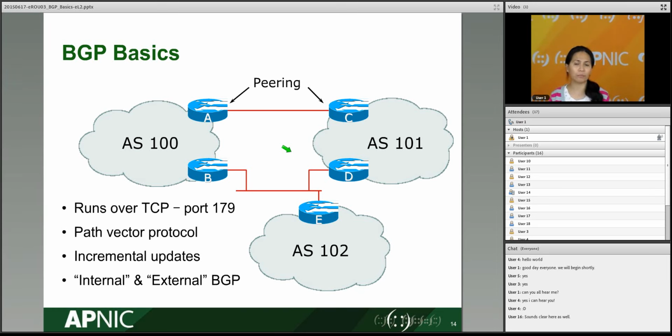The direct connection between them allows them to exchange routing information about the autonomous systems which they are a part of. Since they are neighbors, they are BGP speakers, they are now peering with each other, and this is done via TCP port 179. That's where BGP runs. Peering is done on point-to-point links or shared media. Any questions on that? Internal and external BGP, let's look at that later on.